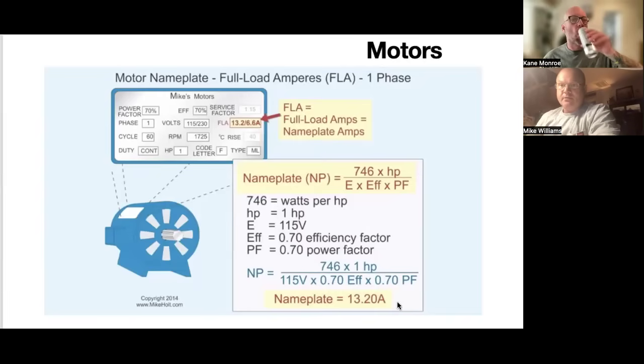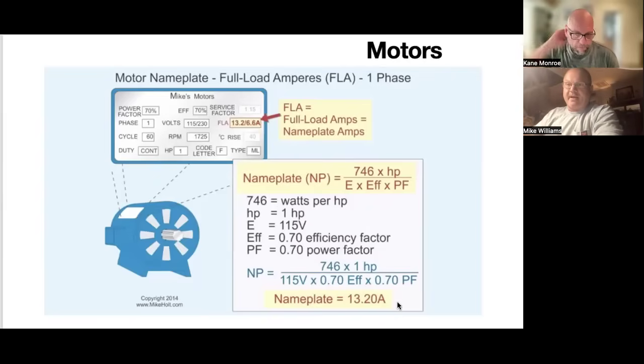So it's 746 divided by 115. That's 6.49. Then times 0.7. Let me do this real quick. Then times 0.7 again. I didn't do something right. Did you get 56.35?